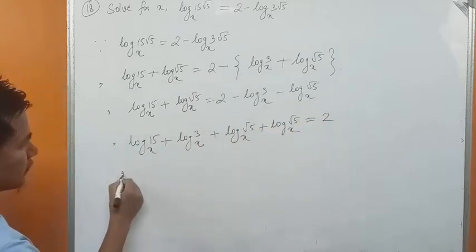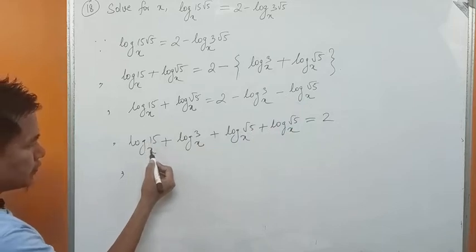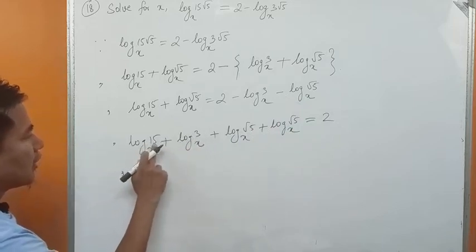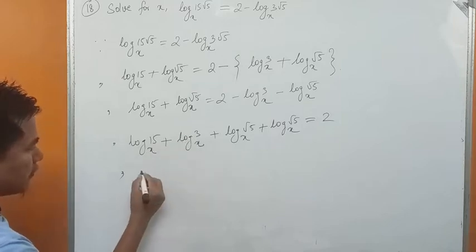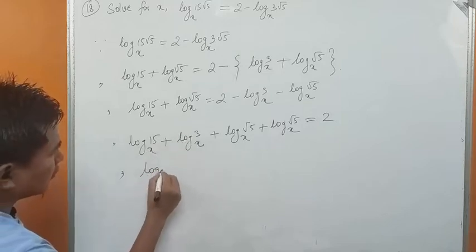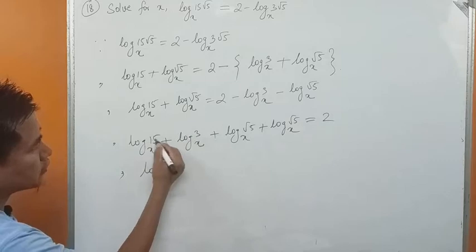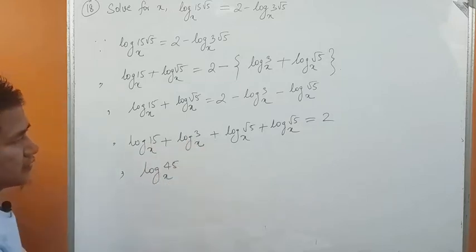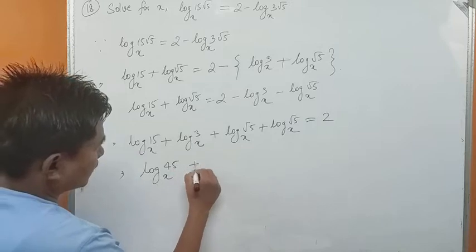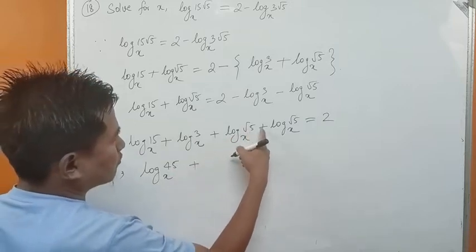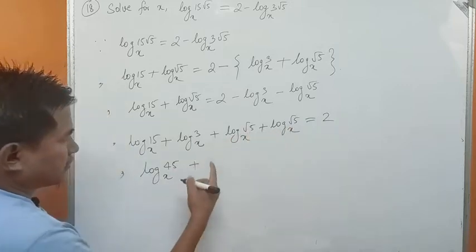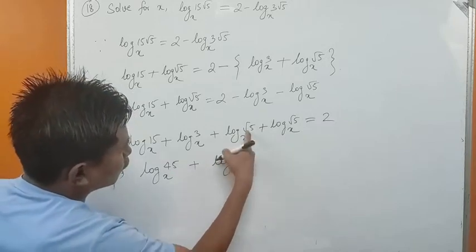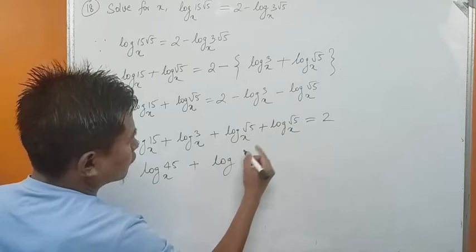So this is log m plus log n, same base x, isn't it? Log m plus log n is log m into n. So log 15 into 3, 15 3s are 45, to the base x. Plus log root 5 plus log root 5, same base, that means log root 5 into root 5, and root 5 into root 5 is 5.